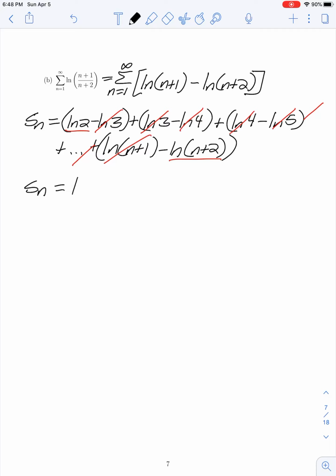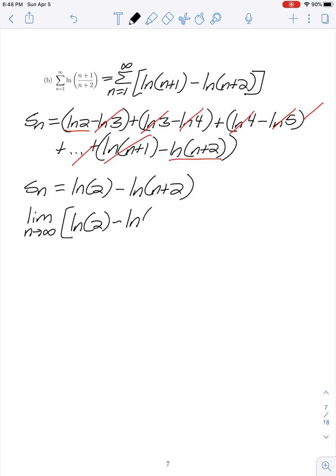So we have s sub n is equal to natural log of 2 minus the natural log of (n+2). And to determine convergence or divergence for our series, we take the limit of this nth partial sum as n becomes large. So here, log 2 minus log of (n+2).